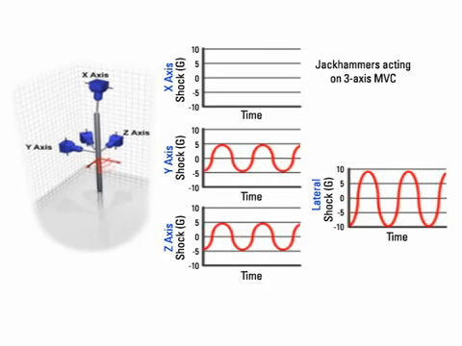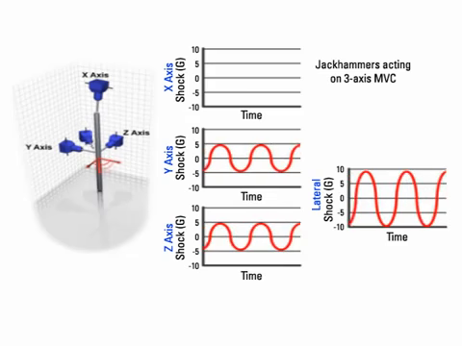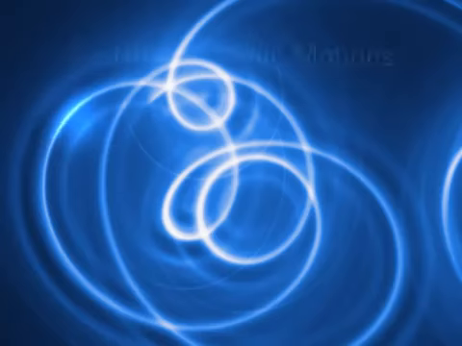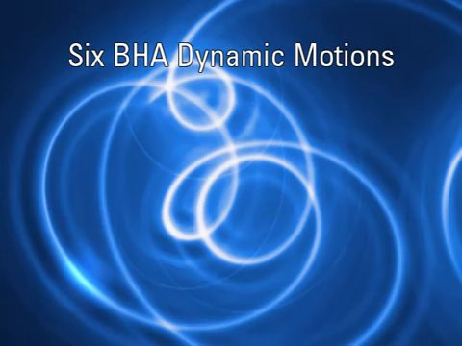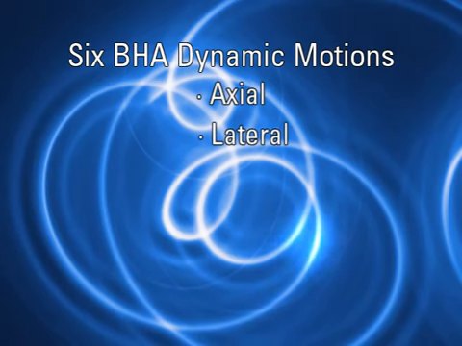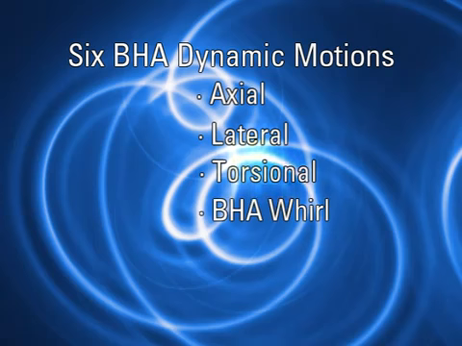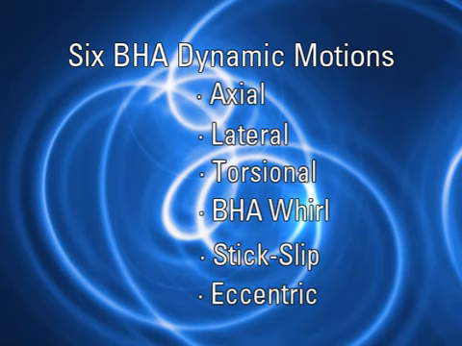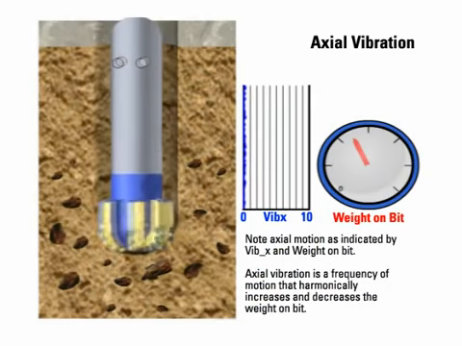These tools have shock sensors that measure lateral vibration shocks with magnitudes greater than 50 Gs. Our discussion will look into 6 BHA dynamic motions: axial, lateral, torsional, BHA whirl, stick slip, and eccentric. These can exist separately or can be present together. Proper identification of the vibration mode is essential in order to recommend the correct cure.